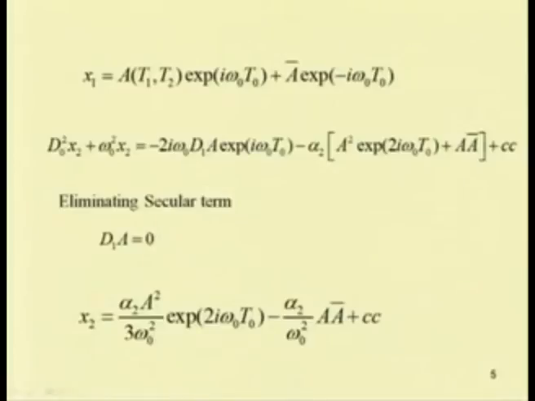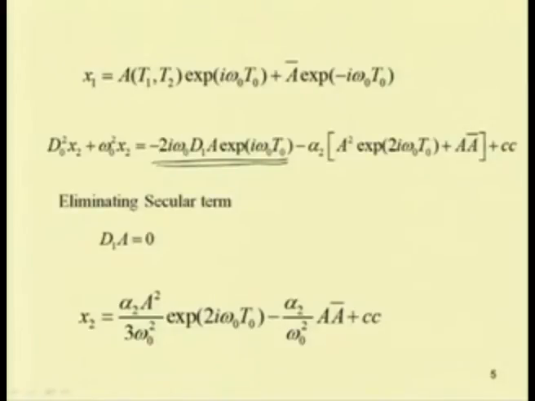we got the equation in this form, and one can see that this is the secular term. That means the presence of this term will lead to an infinite response, so one has to eliminate this term.